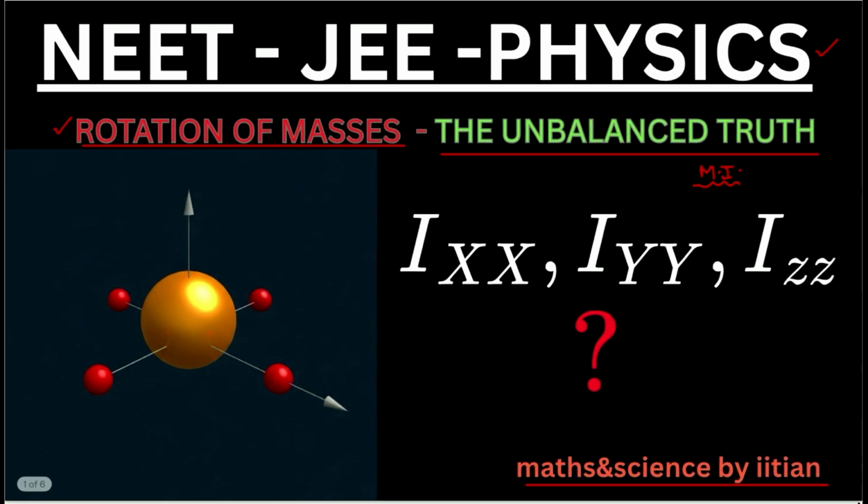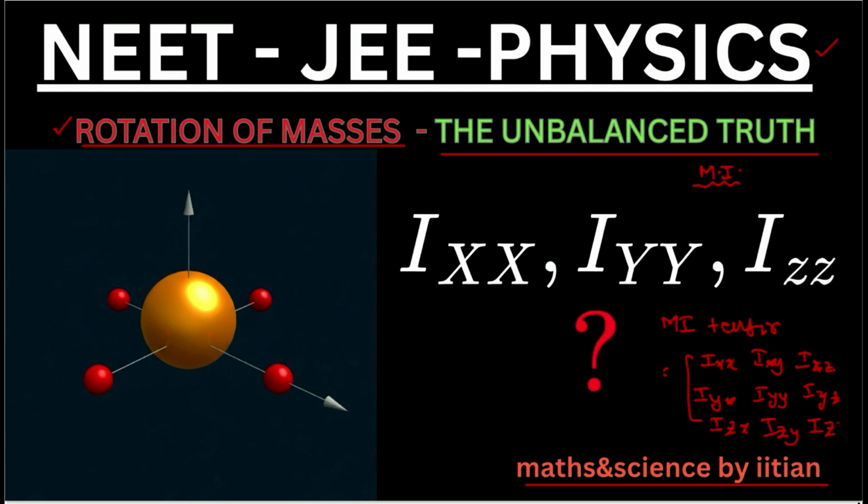And what is the moment of inertia tensor? A matrix of Ixx, Ixy, Ixz, Iyx, Iyy, Iyz, Izx, Izy and Izz.